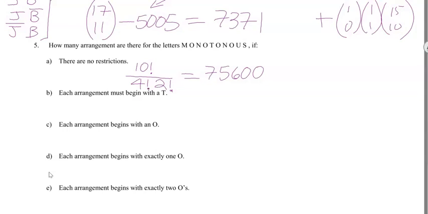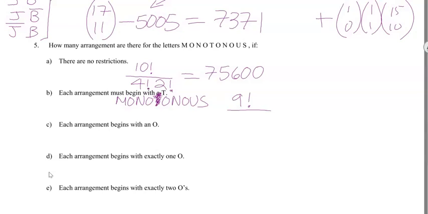Begins with a T. So what I like to do is just write them back out again. And then what am I going to do? I'm going to take out the T. It begins with a T, so that's not in there. Okay, what's left? Well, there were 10 letters. The T is gone, so there are 9 letters left.